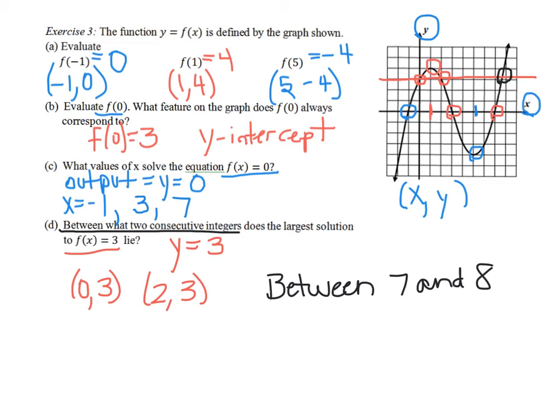So it's happening at a spot where the x-coordinate is between 7 and 8. Right now we're not going to know exactly what value, but I know that it's between 7 and 8. So this is the answer that we're going to get because our question asked for the largest solution. So that would be the one furthest to the right.